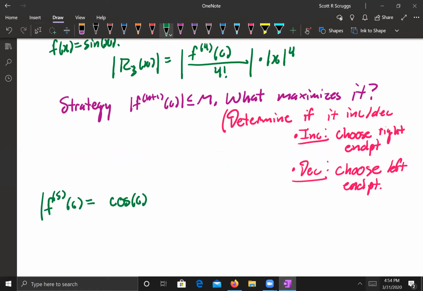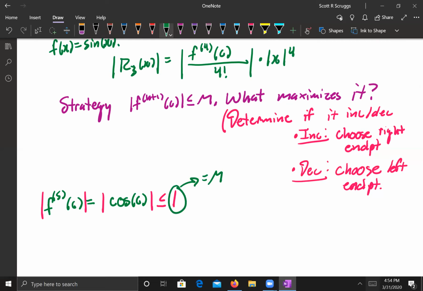And because that is inside the absolute value, I note that sine and cosine cannot exceed 1. And I don't care what value for c I choose, that can't happen. And so because of that, that will be my M equals 1.